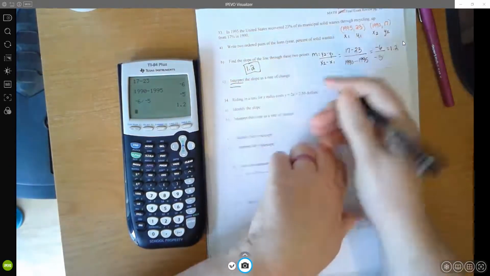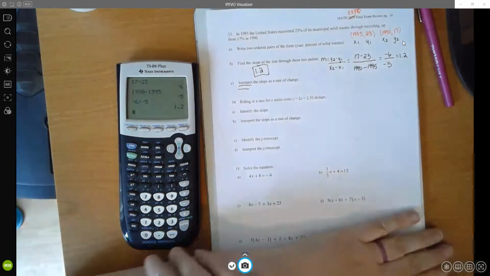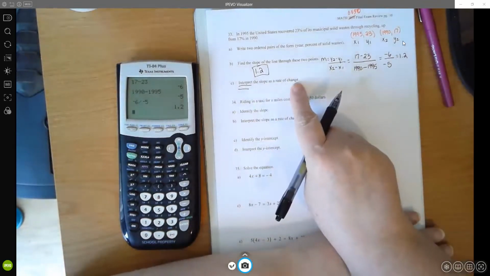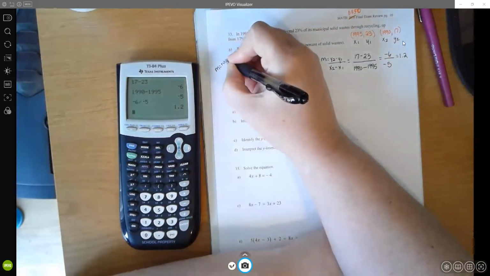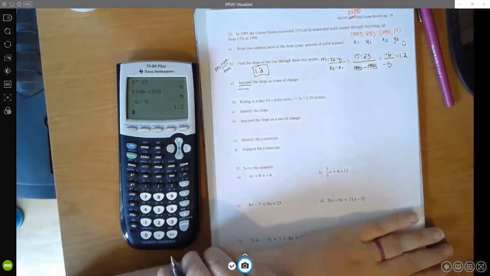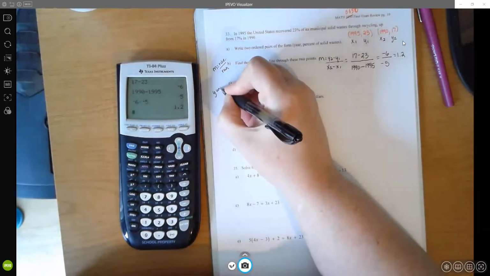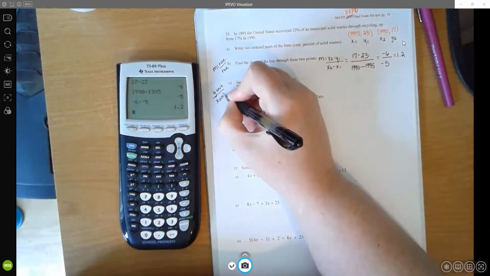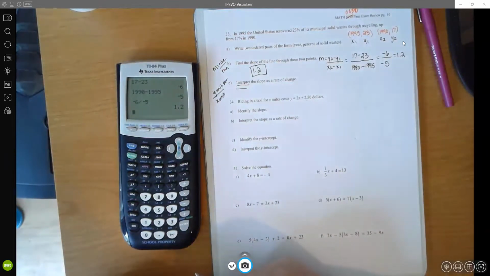Interpret means to write a sentence or write some words. Anytime you see the word interpret, that means they want words. And it wants a rate of change. And remember, slope is always rise over run. And since I have rise over run, to interpret this, it's always going to be the y unit over the x unit, or the y unit per x unit for the interpretation.